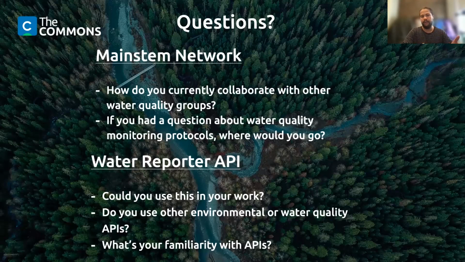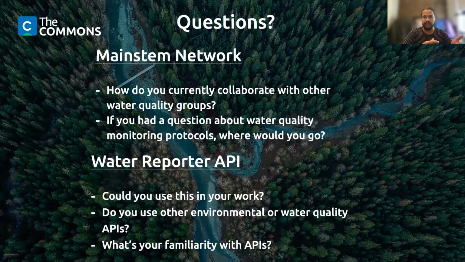What's really nice about the Water Reporter platform is that whether you want to monitor those classic parameters like pH and water temperature, or you're monitoring for heavy metals, for example, or a location-specific pollutant, you can add a field and collect data under that field.